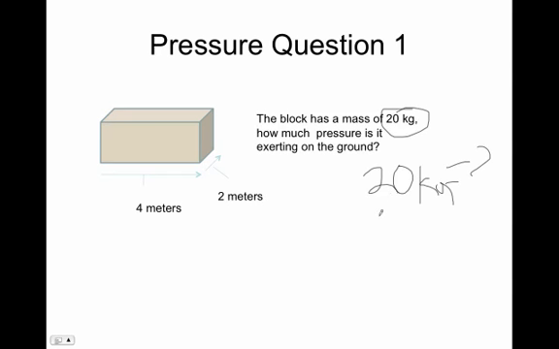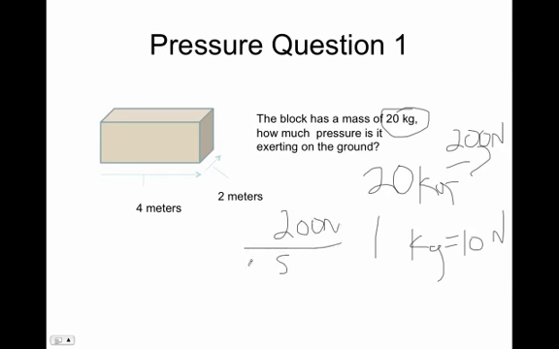Well, we know that 1 kilogram is equal to 10 newtons. So 20 kilograms equals 200 newtons. Okay, so we have the force, 200 newtons. We just need the surface area, and we can find the pressure.